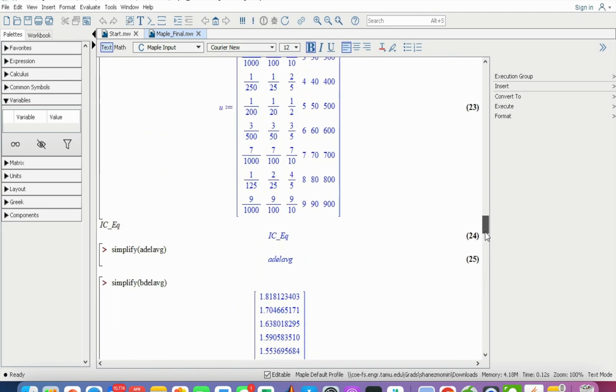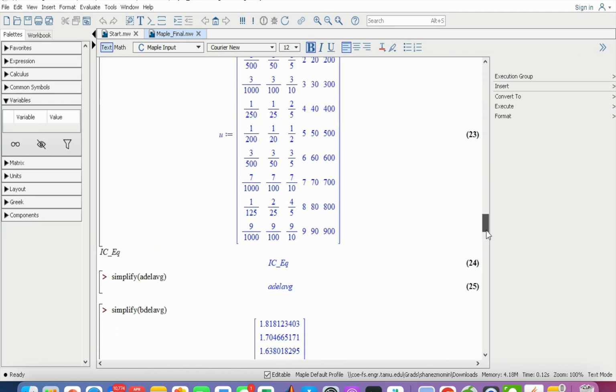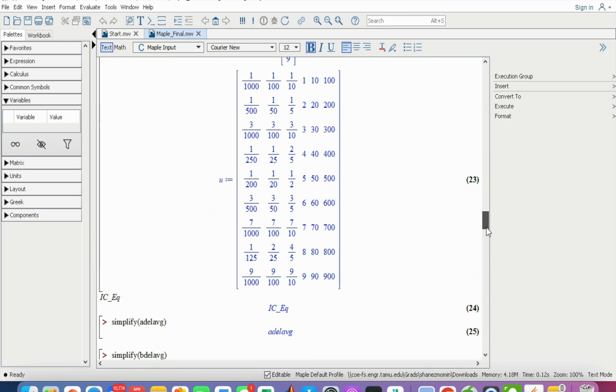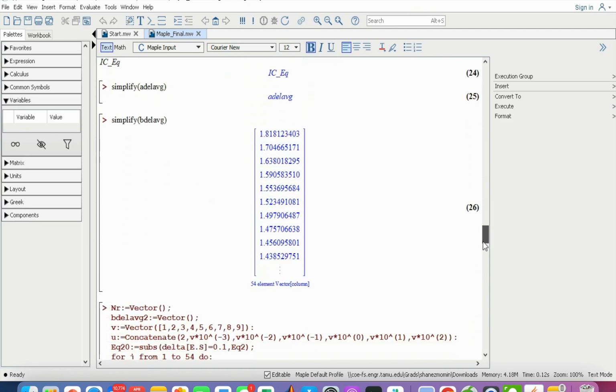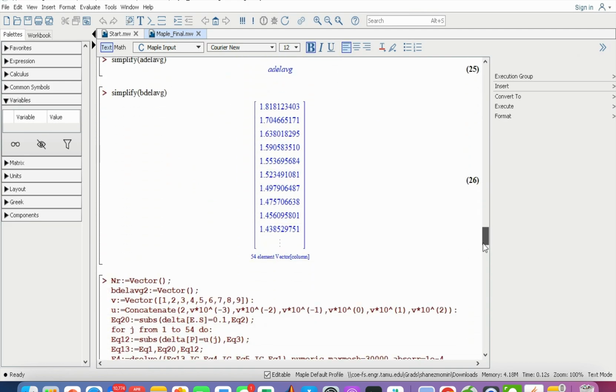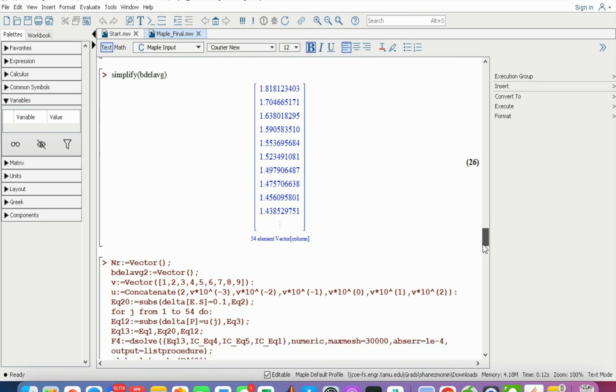These are the U values we obtain for our semi-log space, and these are the values of B del average. Using the same algorithm for different delta ES values, we get the resultant B deltas.